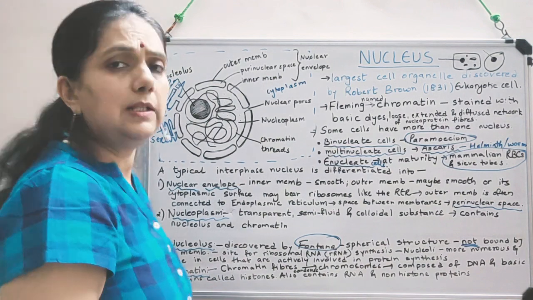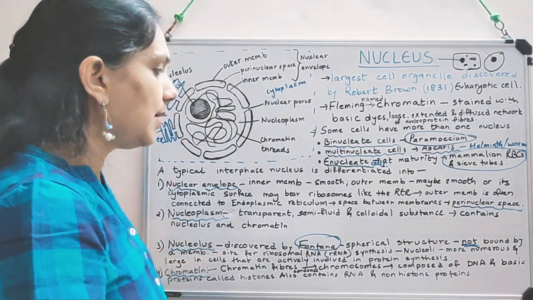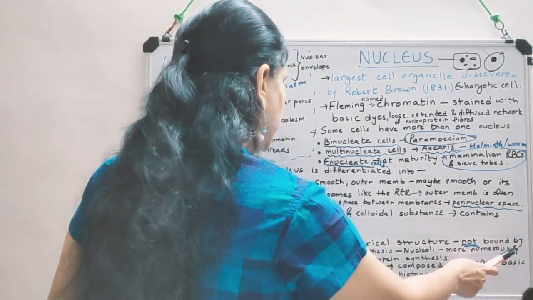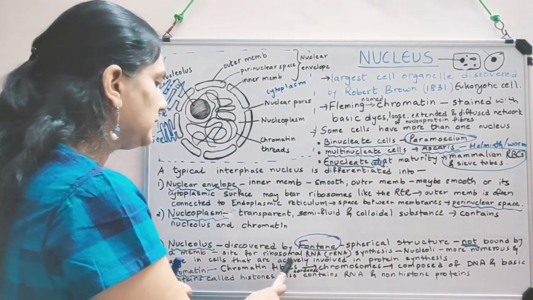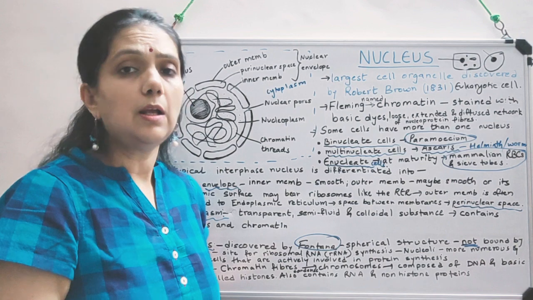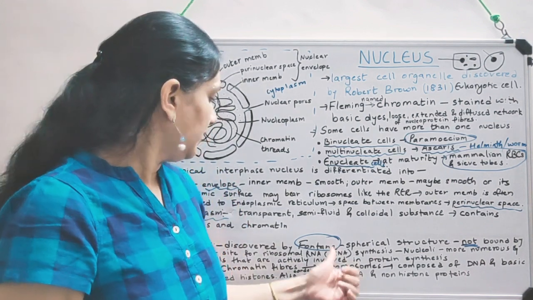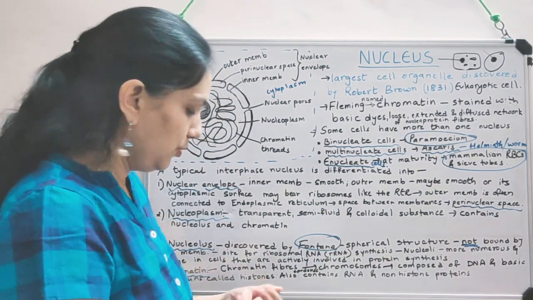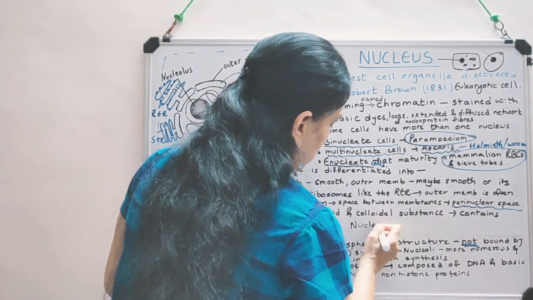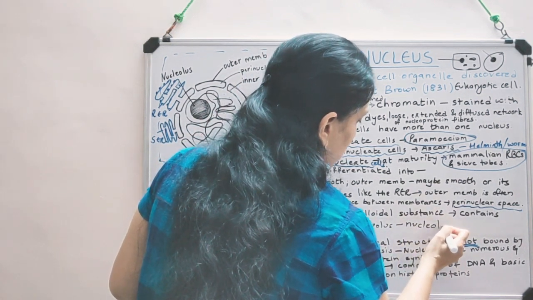Normally the cells have a single nucleolus, but some cells have more. In some cells there are numerous nucleoli, found where the protein synthesis activity is more. When I say nucleolus, the plural is nucleoli.